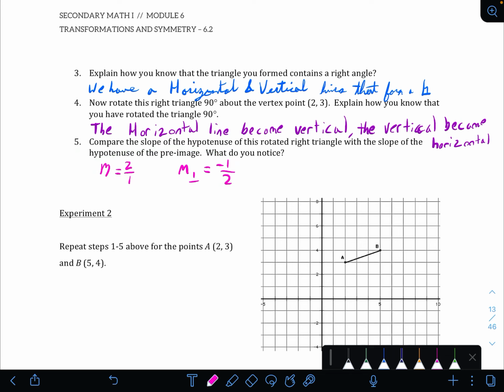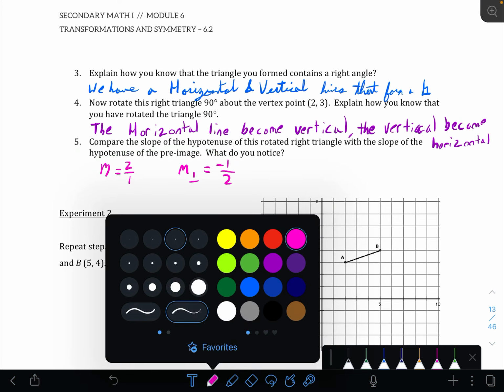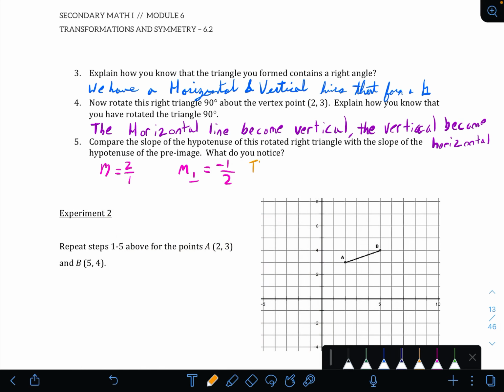Okay? The slopes, and I'm going to write this down here, the slopes are flipped. We have an advanced mathematical word for flipped fractions. We call them reciprocals.